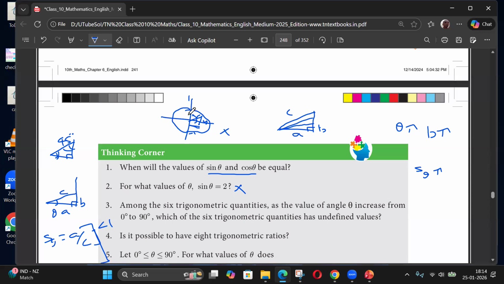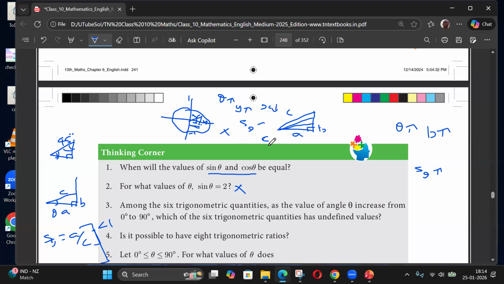Here, as theta increases, y increases in the first quadrant, so sine theta will increase. As theta increases, x will decrease. First x was this much, after that x is this much, after that x will be here. So cos theta will decrease.